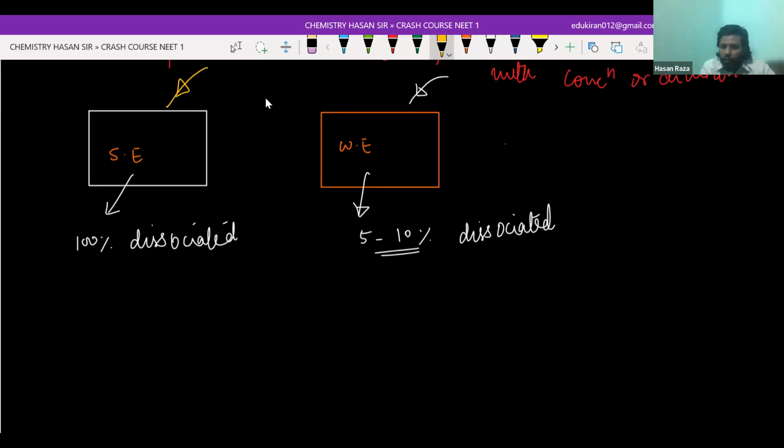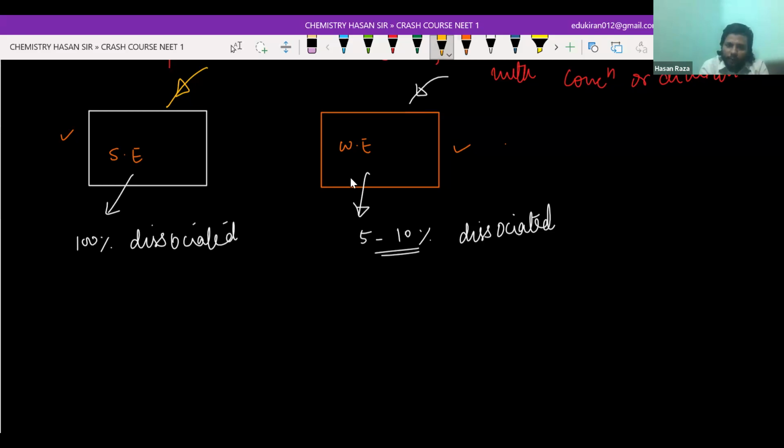So my question is: if you dilute both electrolytes, a strong electrolyte and a weak electrolyte, the variation before dilution and after dilution will be more in which case, a strong electrolyte or a weak electrolyte? Basically, both are conducting before and after dilution.